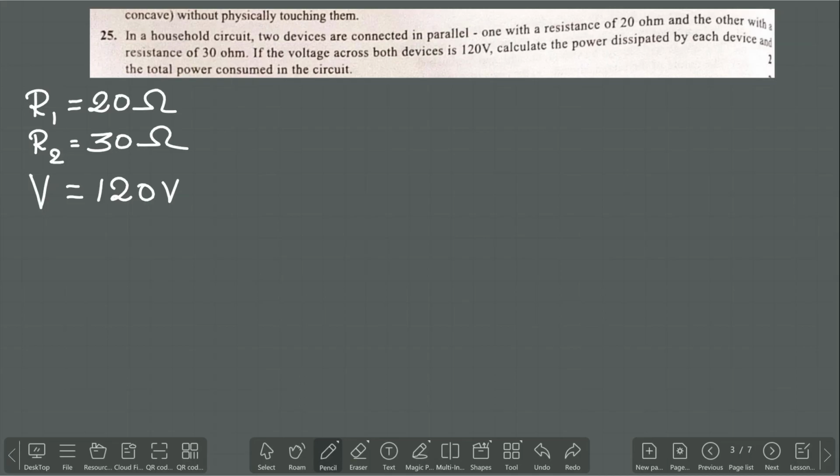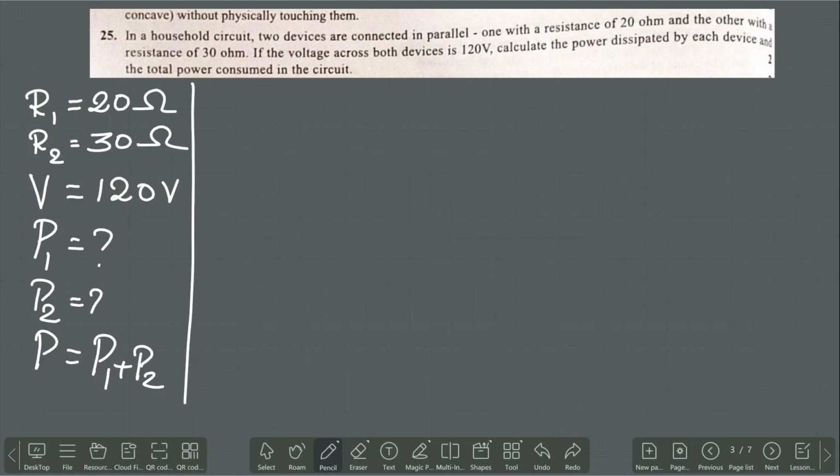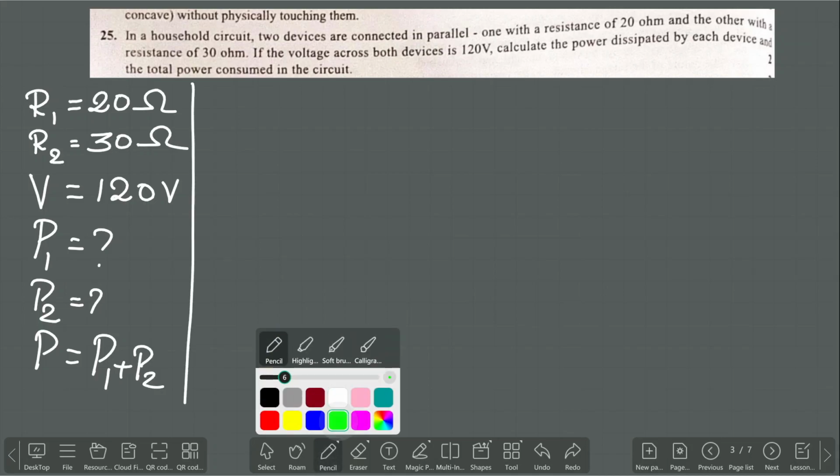Calculate the power which is dissipated by each device. Clear. So that means P1 we need to calculate, P2 also we need to calculate, and after that they are asking for the total power which is consumed. Total power means we are going to add everything. P is equal to P1 plus P2. So related to power, we have four formulas.